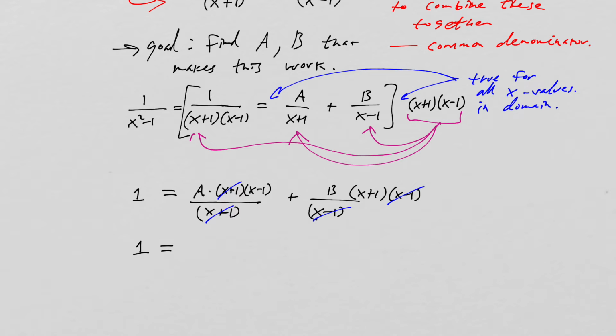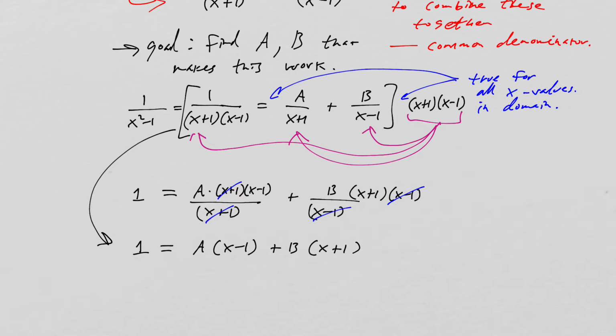And now what we have here is 1 equals a times x minus 1 plus b times x plus 1. This is the equation we obtained from above, but now we've manipulated it into this new equation.